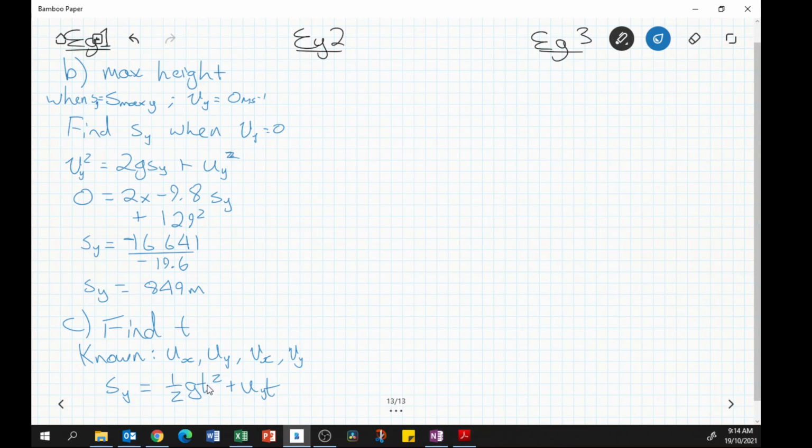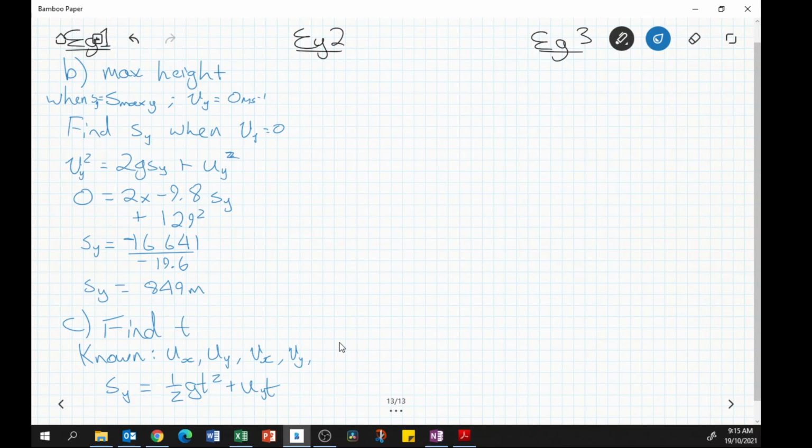It has time in there, which is great. We can solve for time. We know g, that's acceleration due to gravity. So this is all vertical components. We identified uy, that was known. Sy, do we know sy? Do we know how much this ball has displaced vertically? Yeah.